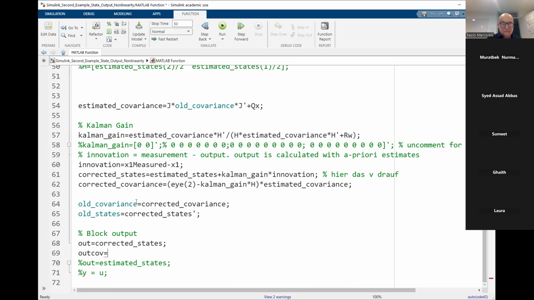This here, no? Do you remember these 2 lines here are extremely important, 64 and 65. Why that? Because the recursivity, what we have in the corrected covariance, what we have in corrected states are used for the next step, thanks to the persistent, excuse me, persistent variables, which stay in the permanent existence of variable, let me say so.